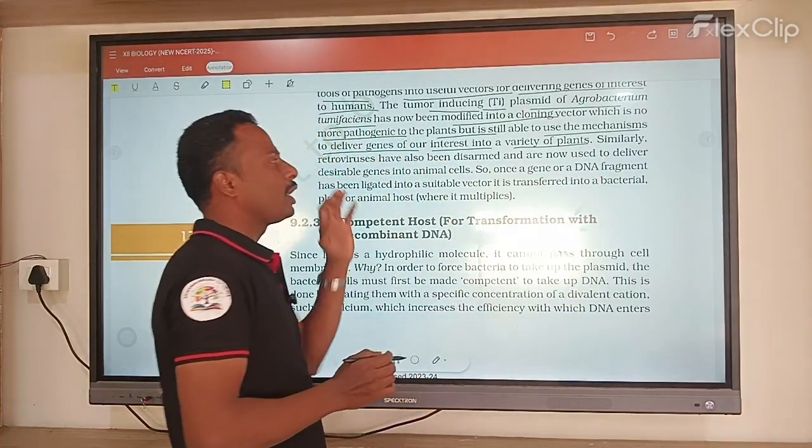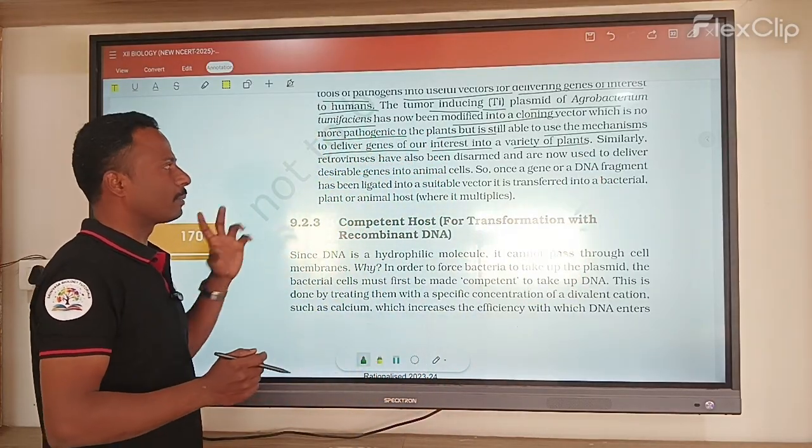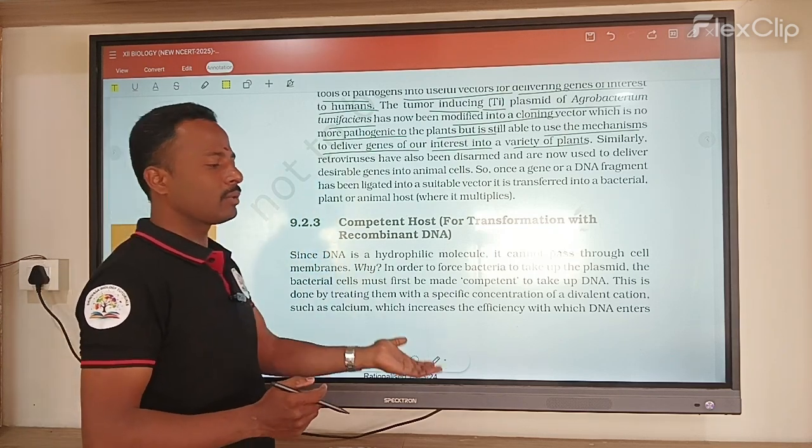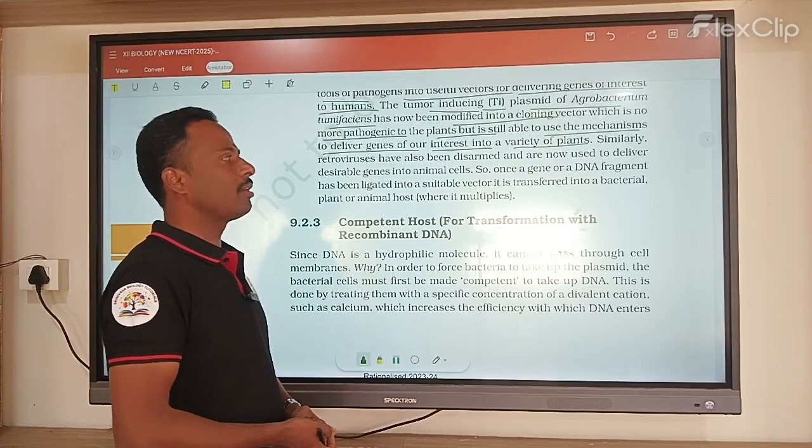So nowadays genes are introduced into plants to help control a number of pathogens.